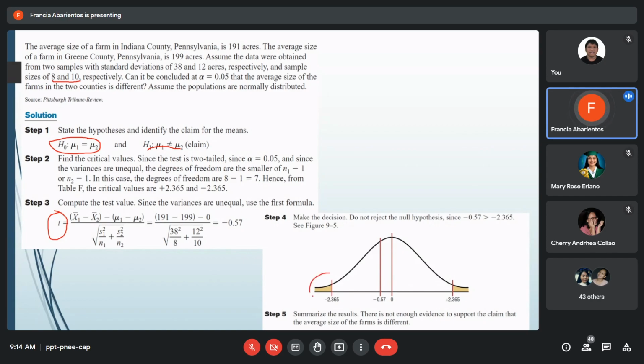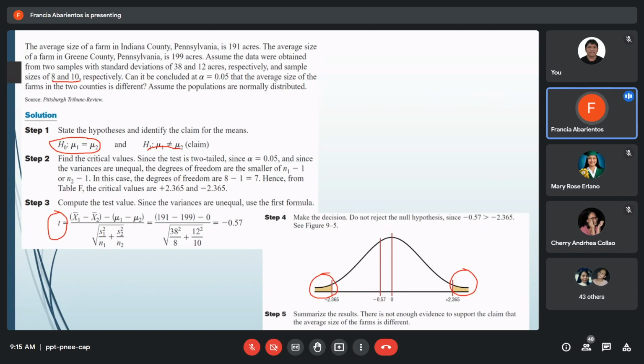Kasi sa rejection region, we have this. Two-tailed, bagay yung class, both sides of the standard normal distribution may rejection region.